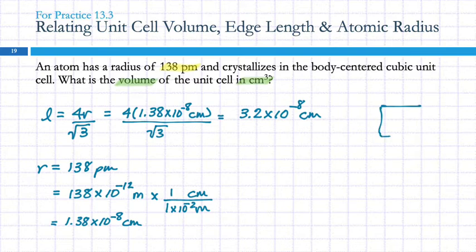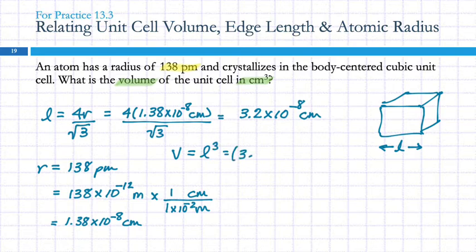So we're talking about a cubic unit cell. So that's a cube, and the sides are L in length. So then the volume is L cubed. 3.2 times 10 to the minus 8 centimeters cubed. Which gives me 3 point, wait a minute here.